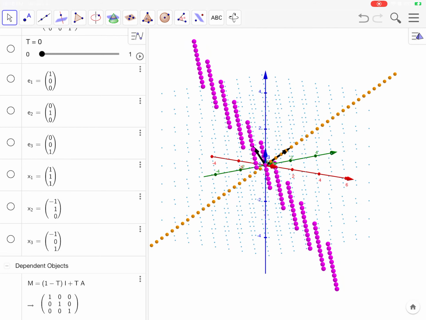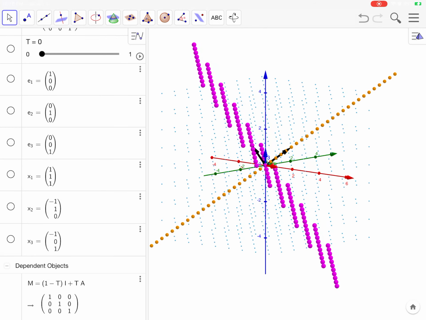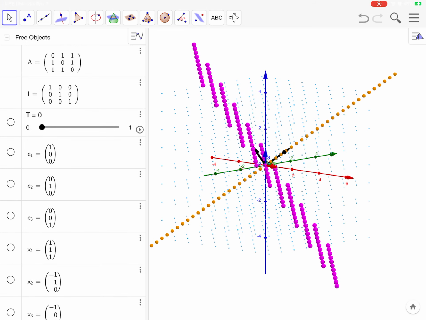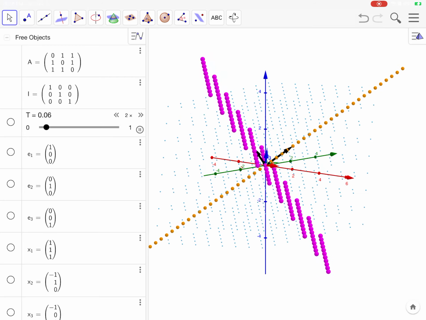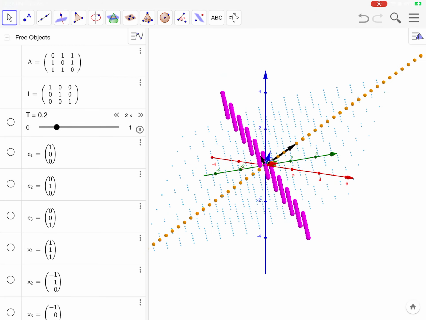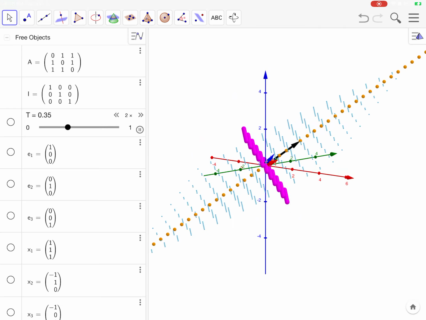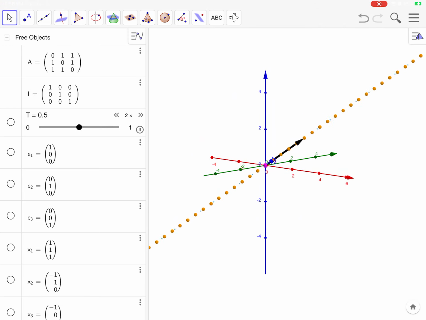They're very important to the overall transformation. So, without further ado, let's play this and see what happens. Watch both of those eigenspaces. The orange line stretching out. The pink plane is flipping over on itself.